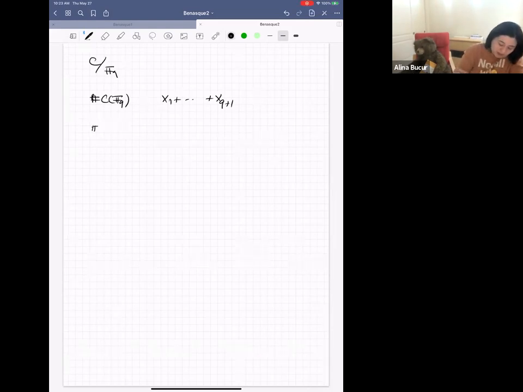But it would be interesting to take the same curves as before, the ones defined over FQ, and look at the FQ points and FQ to the N points and so on. So somehow do a double limit in Q and G.